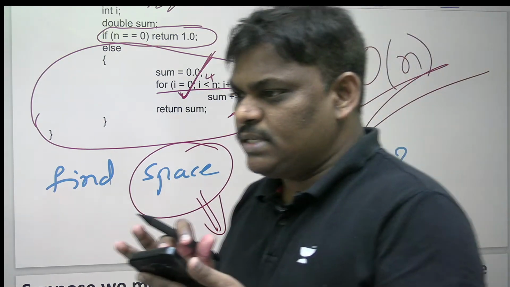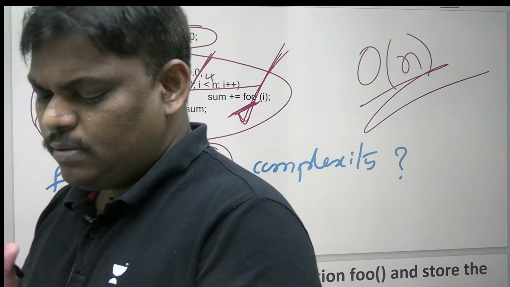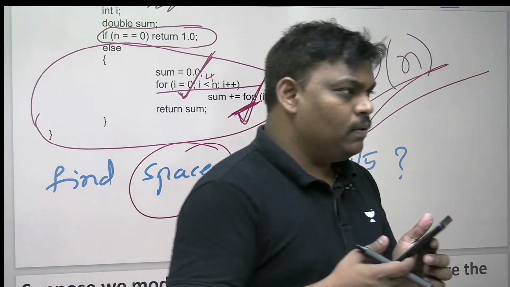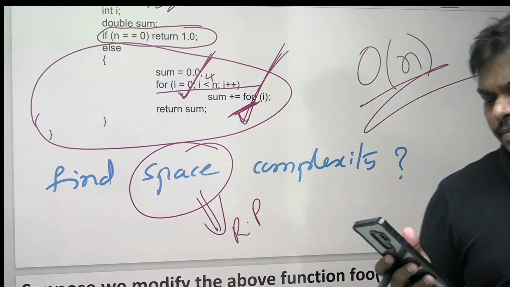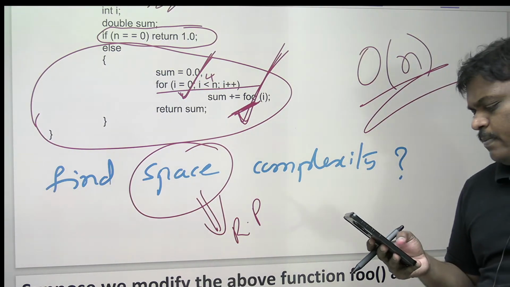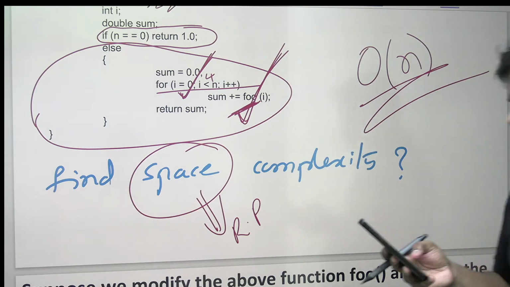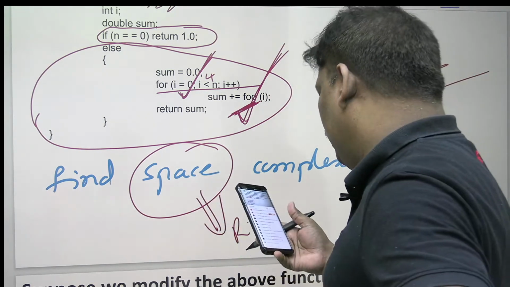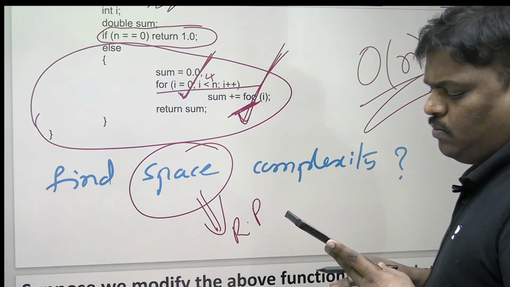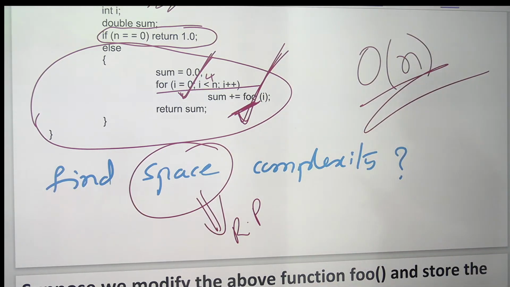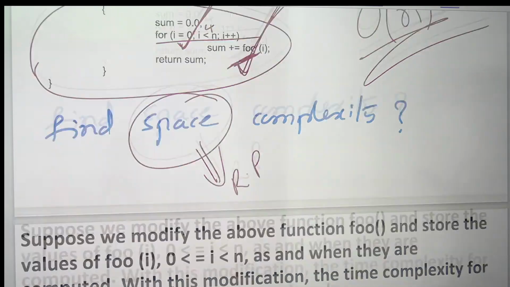Recursive program stack space is based on the number of levels. Check one time. If anyone has any doubt, let me know.